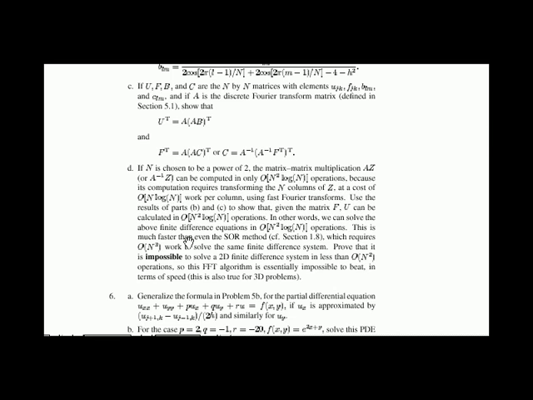Basically order n squared work, and that is extremely fast because normally other methods for solving those finite difference equations are at least order n cubed. In fact, it's easy to see that this is really optimal.